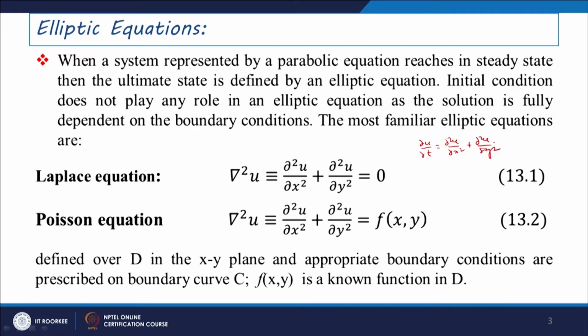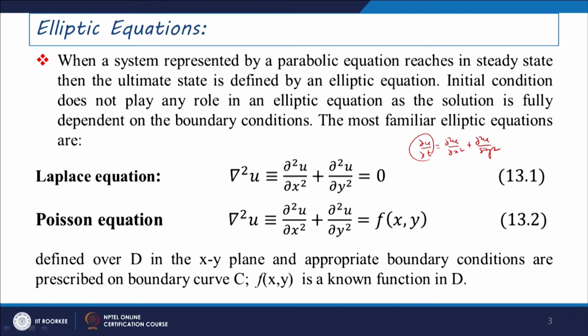If we consider the system to be in a steady state, then we can take the del u by del t term as 0, and the equation reduces to the Laplace equation, which is nothing but the elliptic equation of the first kind.